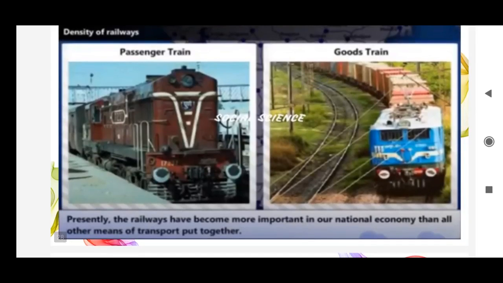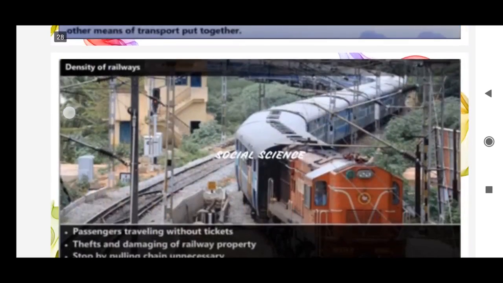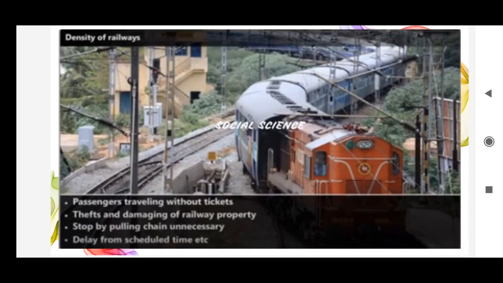Now, presently, the railways have become the most important in our national economy, children, compared to other means of transport put together. However, railway transport suffers from a lot of problems, such as passengers traveling without tickets, thefts and damaging of railway property.